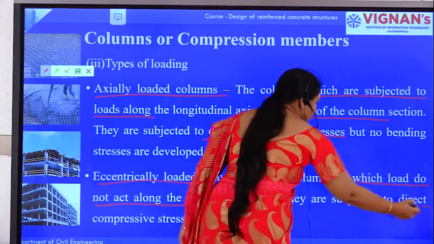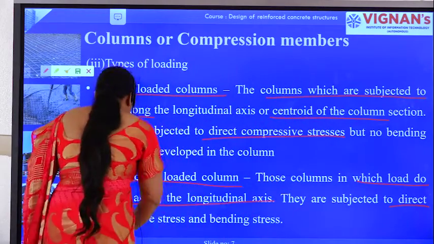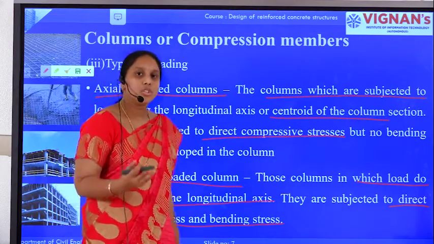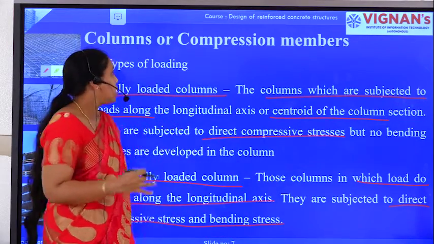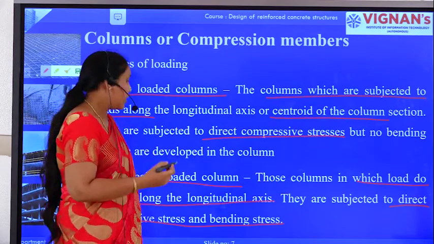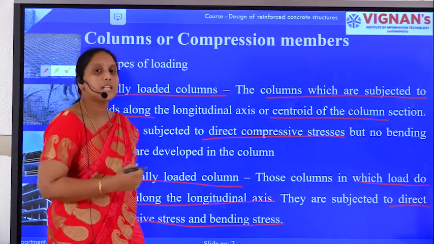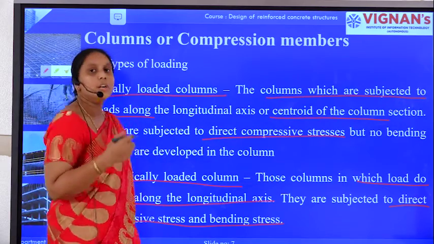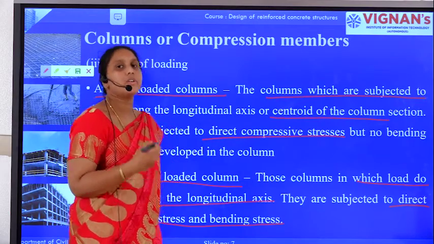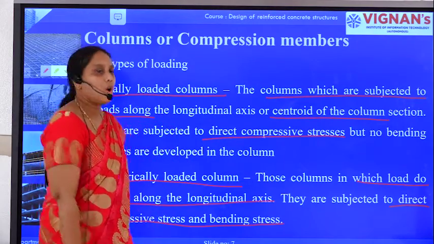They are subjected to direct compressive stresses as well as bending stresses. Such columns are called eccentrically loaded columns. These are the classification of columns based on the types of loading. Now let us see the figures of axially loaded columns and eccentrically loaded columns.